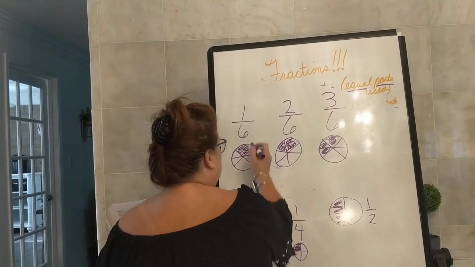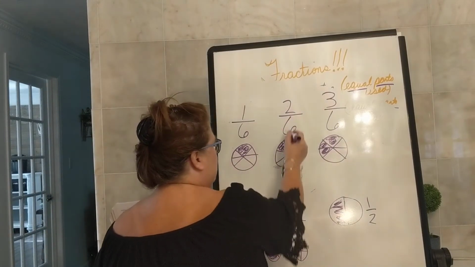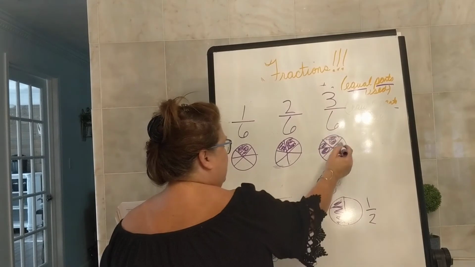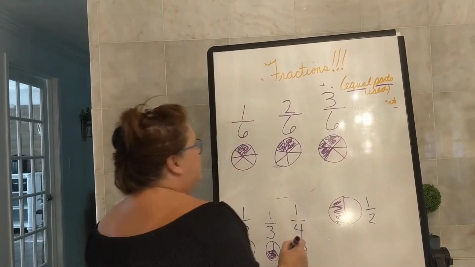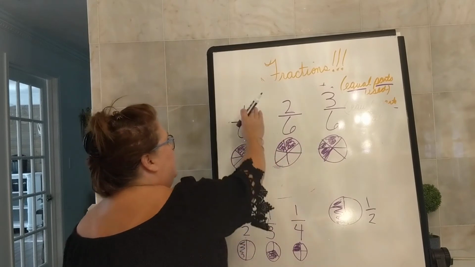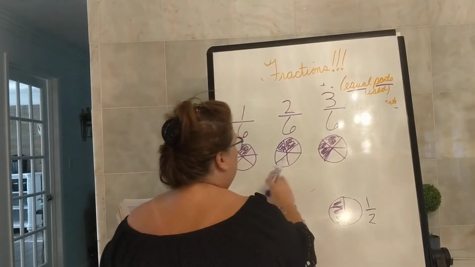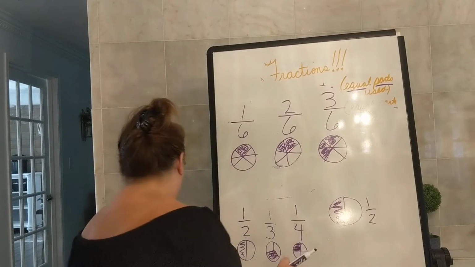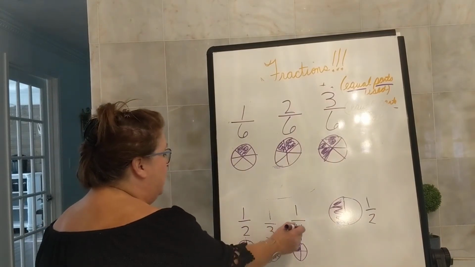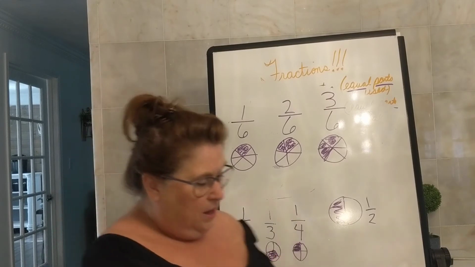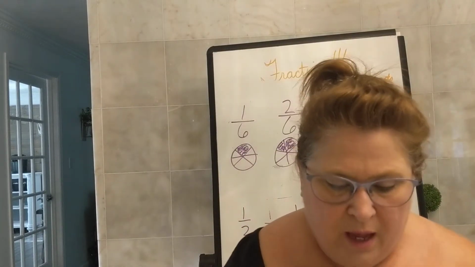So here was 1/6, here was 2/6, look at 3/6. It should be half the pie if my things were divided right. So as the numerators got larger, the pieces got larger as well, okay? But it's the opposite when your denominators get larger. Your pieces will be smaller, all right?